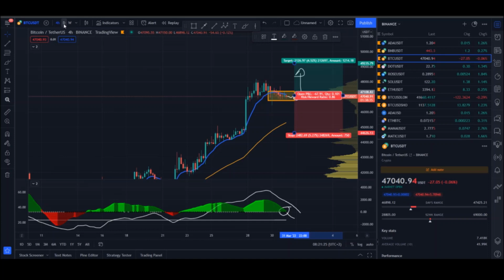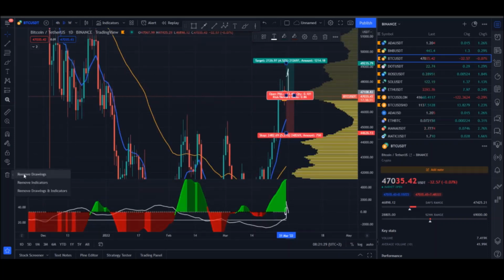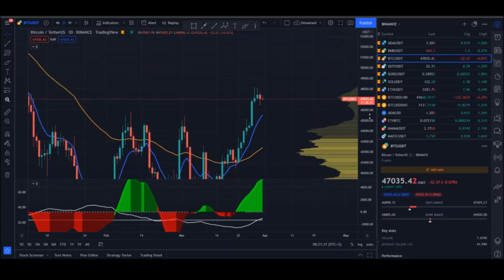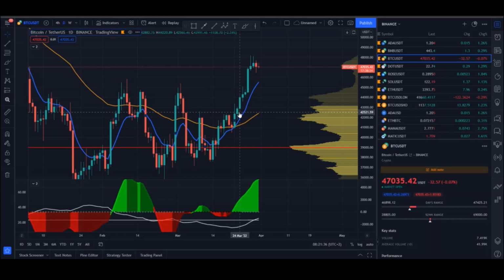Okay, let's go with the 1 day chart again. What do we have in 1 day charts? Look at this. Okay, here, where is the price? I repeat, this is not the moment to buy. No one buys here.